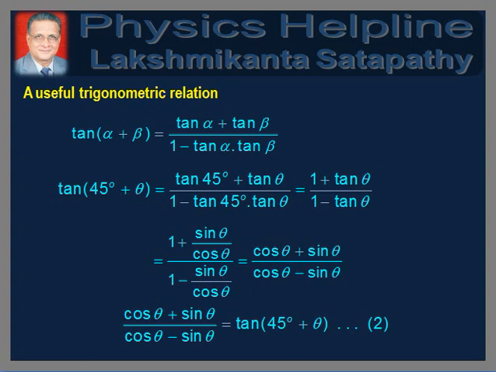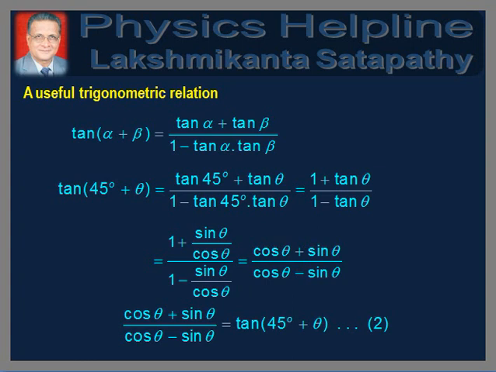Now we will derive a trigonometric relation which will be needed to solve the problem. We have tan(alpha plus beta) equal to (tan alpha plus tan beta) divided by (1 minus tan alpha into tan beta). Putting alpha equal to 45 and beta equal to theta, we get tan(45 plus theta) equal to (tan 45 plus tan theta) divided by (1 minus tan 45 into tan theta).